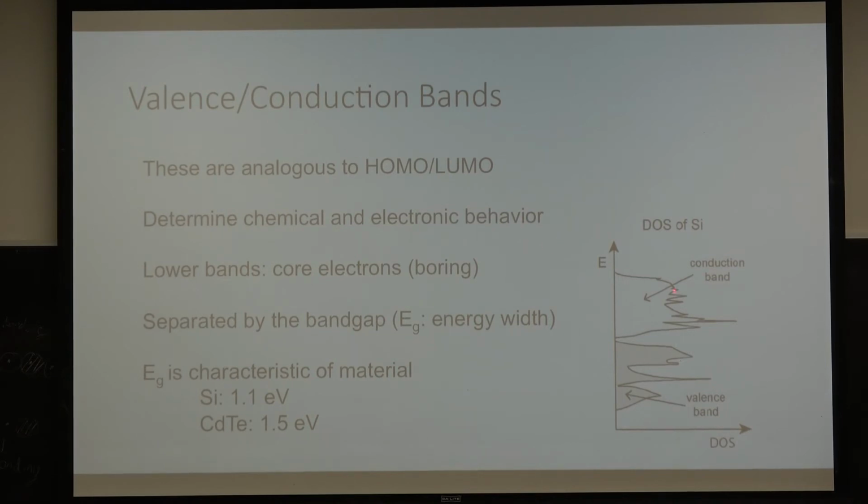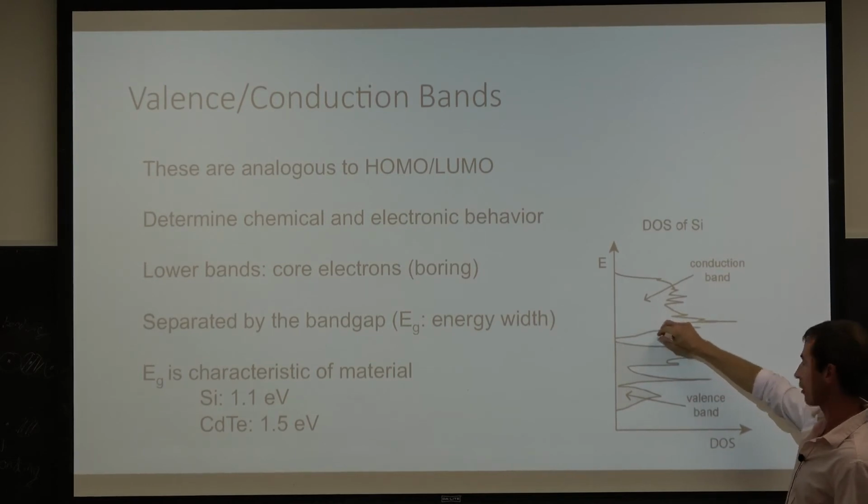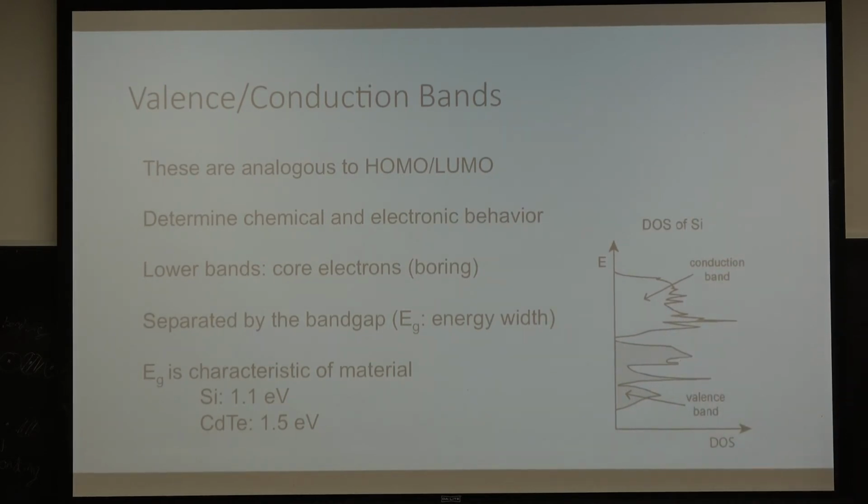Okay, so we have valence and conduction bands. Valence we talked about, conduction we talked about. These are separated by what is known as this band gap right here, E sub G, okay? And that is characteristic of the material. So silicon is about 1.17, cadmium telluride is 1.15, okay?